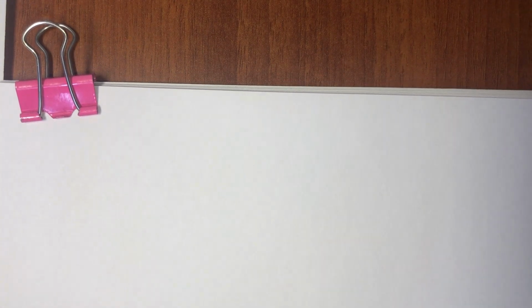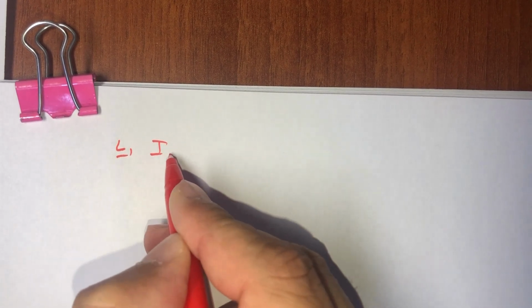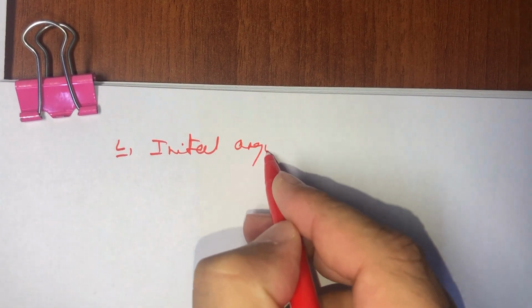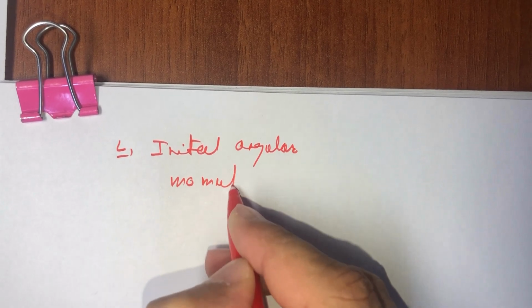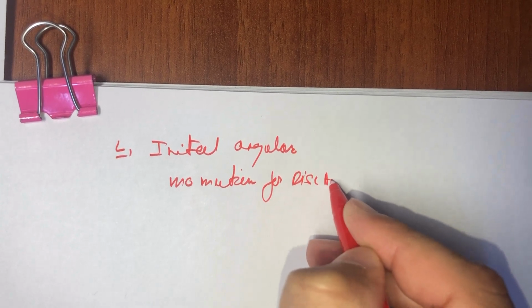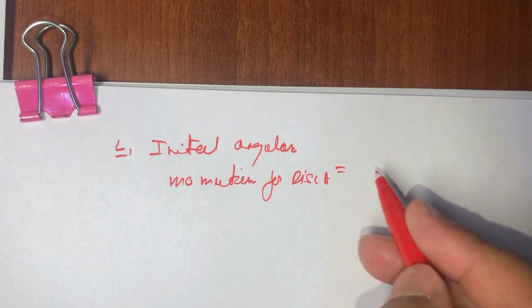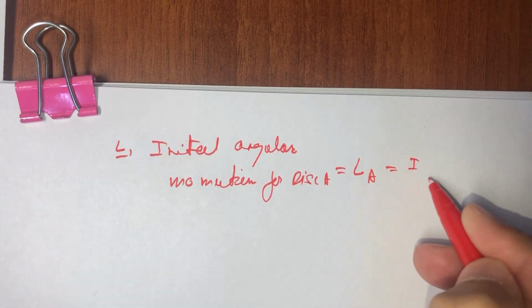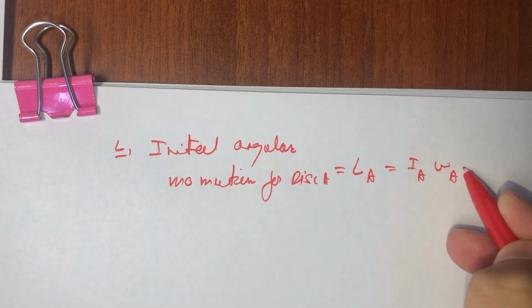So let us find the initial angular momentum for disk A, given as L_A. L_A will be equal to the moment of inertia of A multiplied by its angular velocity.